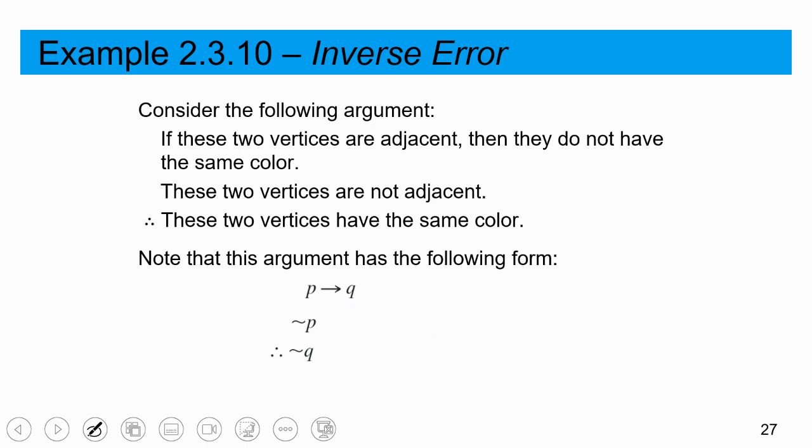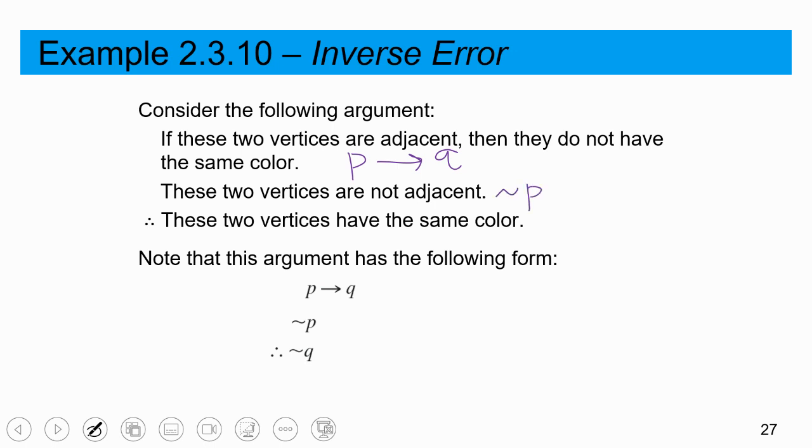All right, here's an inverse error. If these two vertices are adjacent, then they do not have the same color. These two vertices are not adjacent, therefore these two vertices do have the same color. All right, so here's what we have. P is the two vertices are adjacent. Q is they do not have the same color. These two vertices are not adjacent.